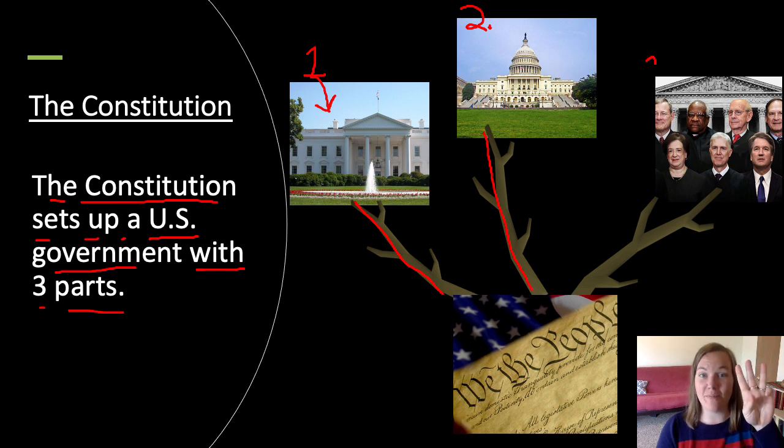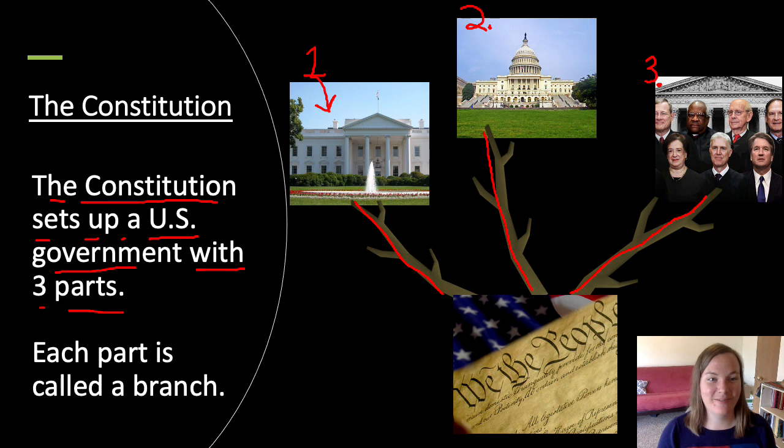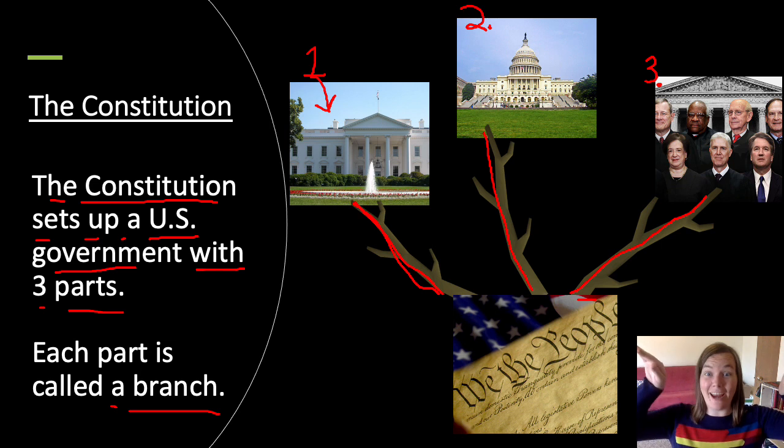The third part, the courts, like the Supreme Court, also known as the judicial branch. We call each of the 3 parts a branch, like a tree branch.